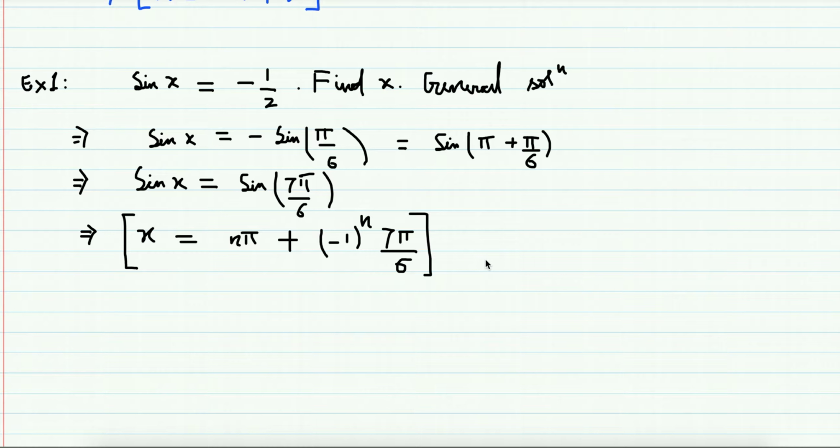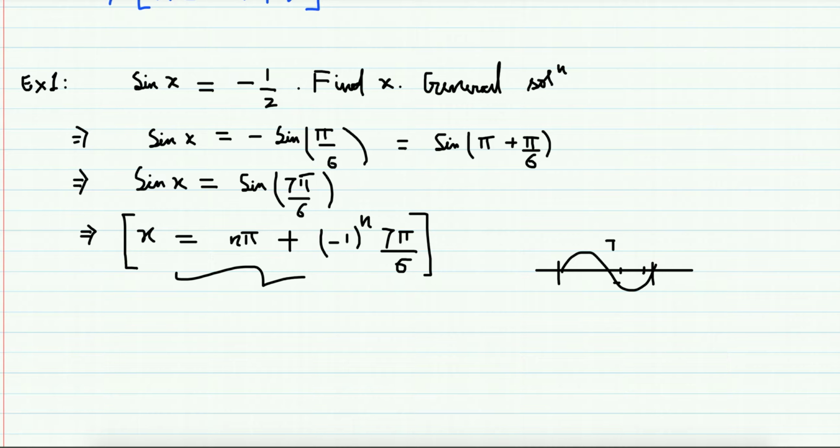If we are asked to find the principal solution, then we will find all the values of x in the range 0 to 2 pi. All the principal solutions are also included in this general solution. So what are the principal solutions? If this is our sine function between 0 to 2 pi, then minus half will be here, pi plus pi by 6, and 2 pi minus pi by 6.